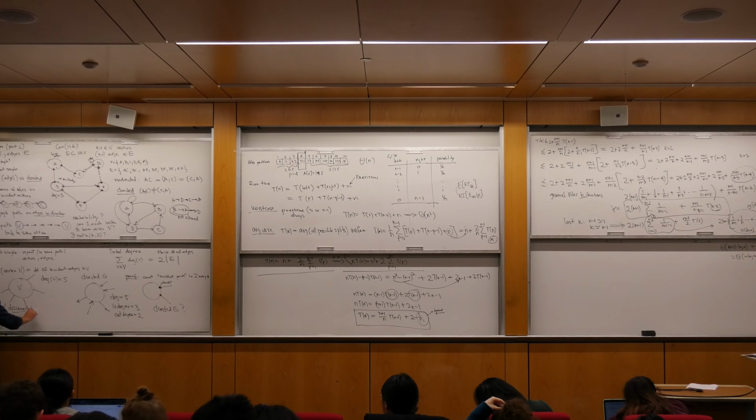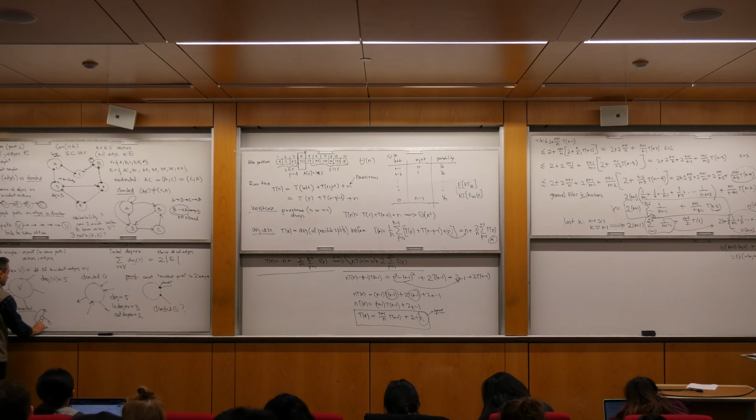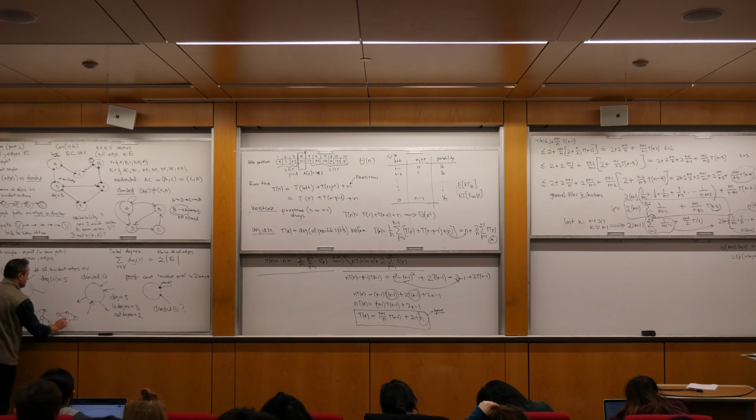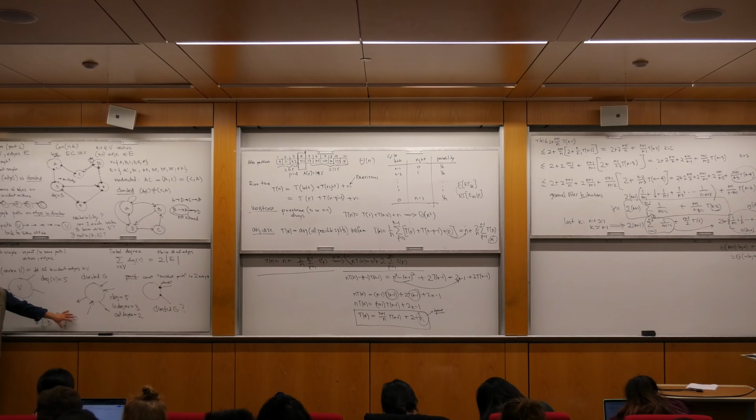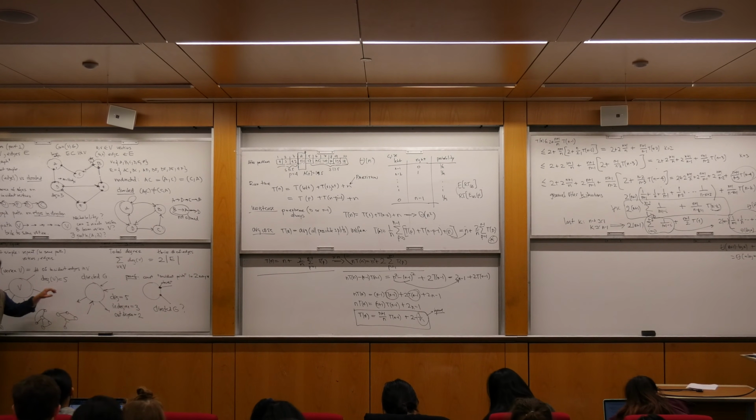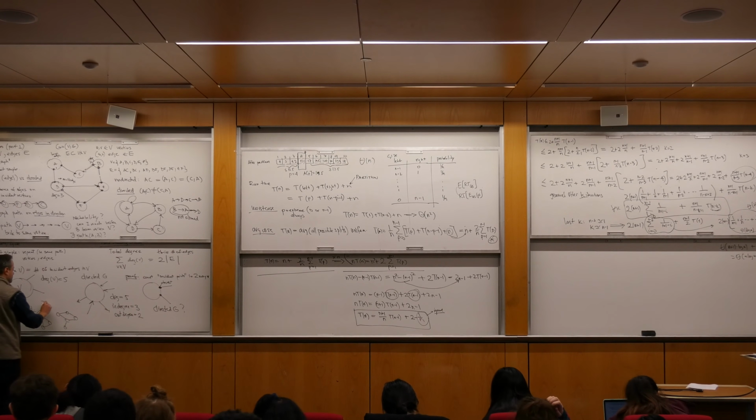Disconnected means here's a graph that has kind of 2 parts. So these are vertices, those are vertices. There's some edges, but there is no way to move from left to right. There's kind of a disconnect. So there's kind of two connected components.